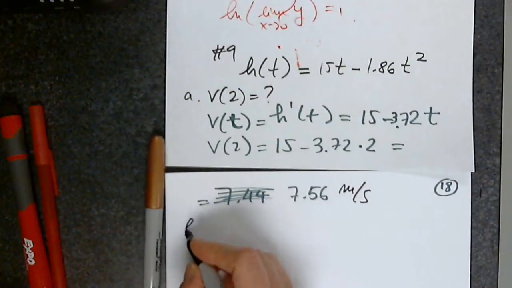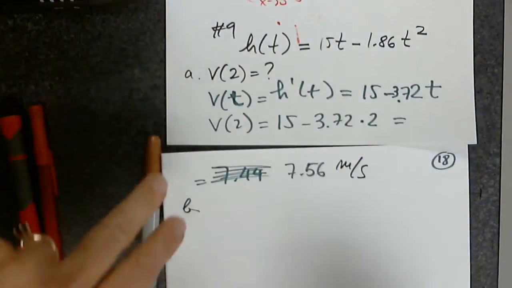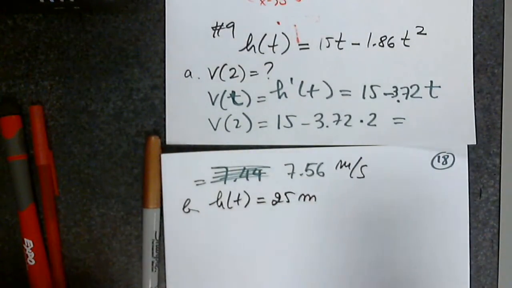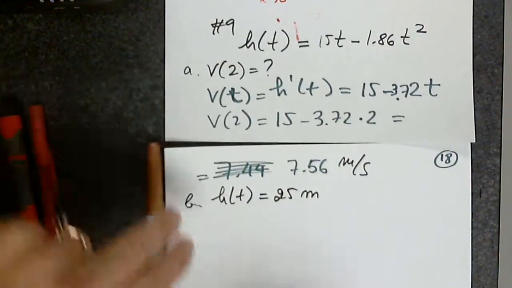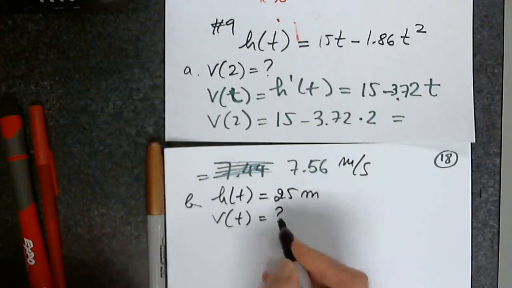Very good. And in part B, we're asked to find what is the velocity of the rock when its height is 25 meters on its way up. So when the height is 25 meters, they're asking us to find the velocity at that time.